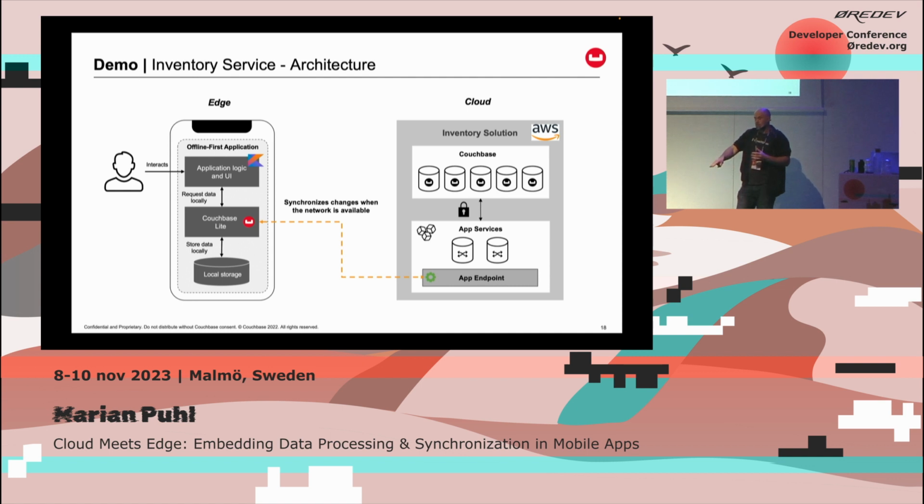And of course, you also need local storage, so the data needs to be persisted somewhere. In our case, it's mobile phones, but it could be a Raspberry Pi, any type of device that provides local storage. And then the users interact with the application.